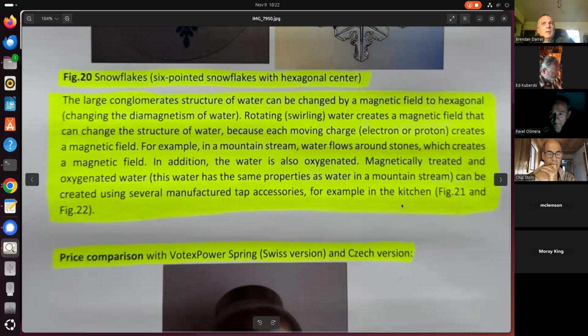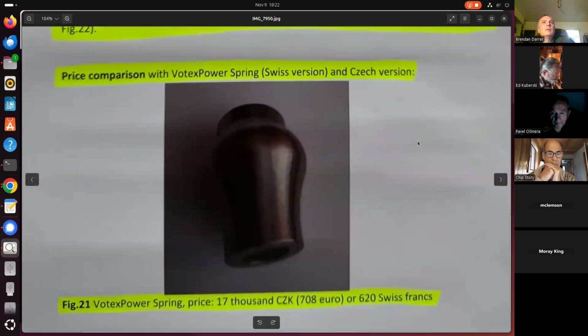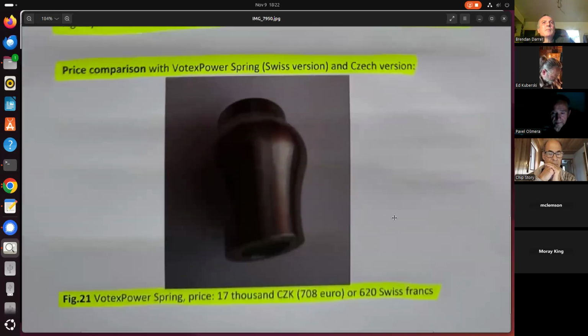For example, figure 21 and 22, and he's showing there's a price comparison between the Vortec spring power spring Swiss version and the Czech version. It looks like the Czech version is 708 euros and 620 Swiss francs for the other version.